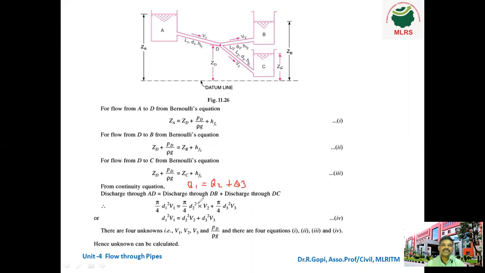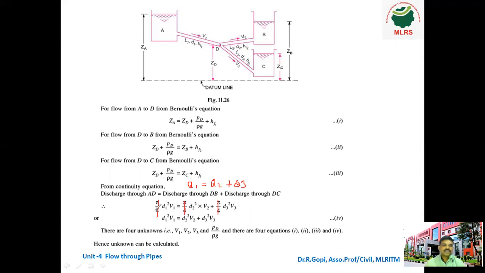Now write the equation for Q1, Q2, Q3. Pi by 4 D1 square V1 equal to pi by 4 D2 square V2 plus pi by 4 D3 square V3. Here pi by 4 cancels. What is the remaining? D1 square V1 equal to D2 square V2 plus D3 square V3.